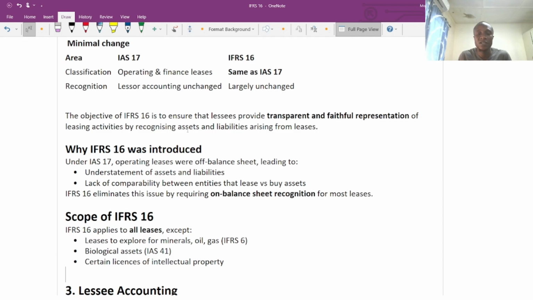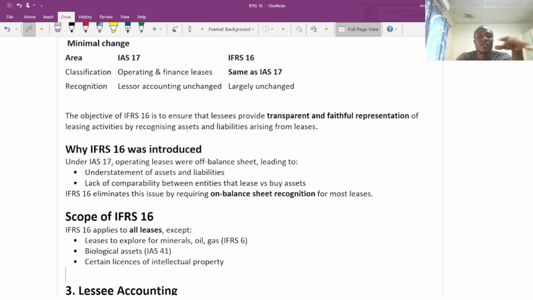IFRS 16 eliminates this issue by requiring on-balance sheet recognition for most leases. The solution is that IFRS 16 clearly states that most leases, except short-life leases or low-value leases, should be recognized on the statement of financial position: debit the right-of-use asset, and credit the lease liability.